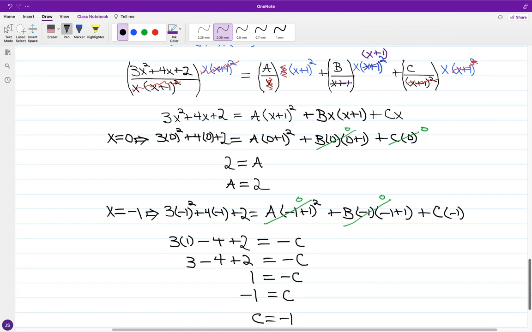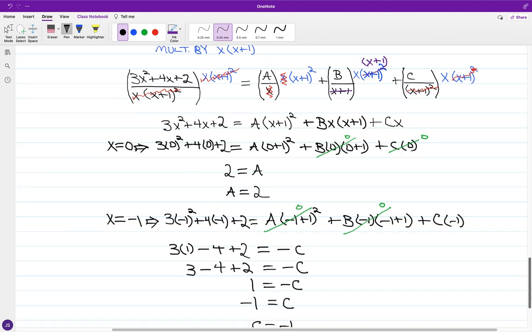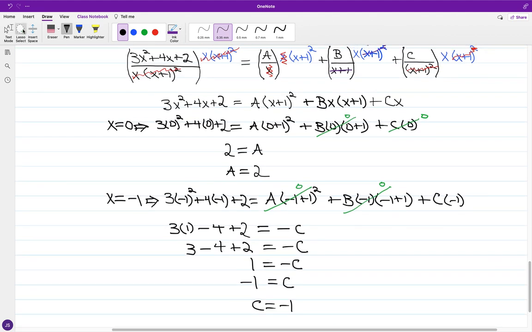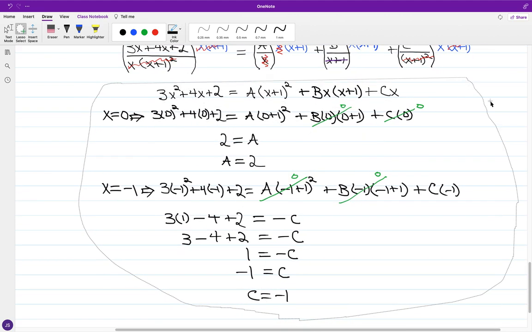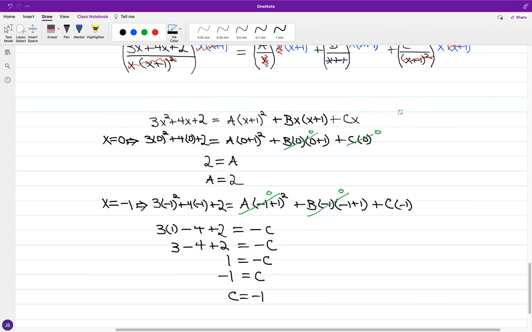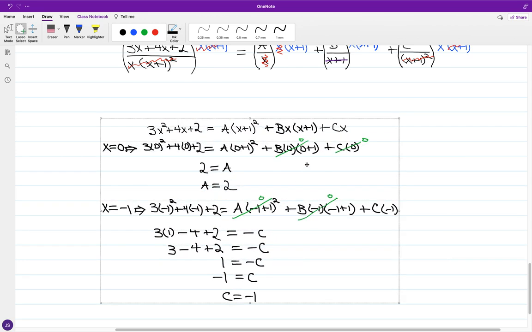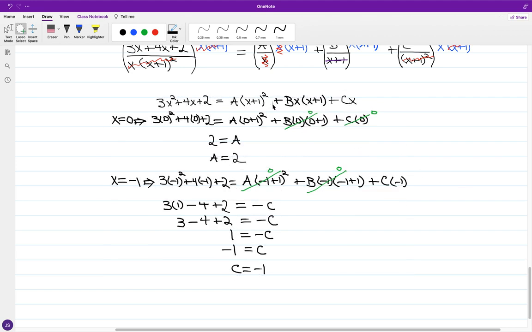All right, so we got a, and we got c. Now we need to determine just what b is. Going back to this equation, I have used up the zeros of 0 and negative 1.